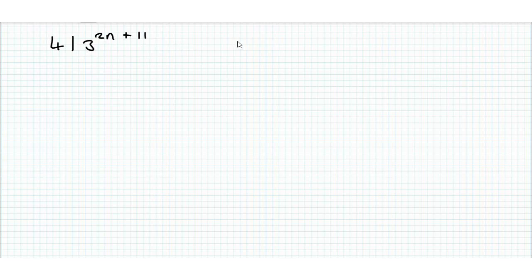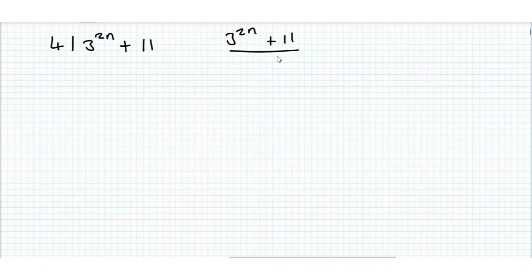And this notation, 4 divides 3^(2n) + 11, means that (3^(2n) + 11)/4 is equal to some n, well, in this case in the natural numbers, that's the notation just means for some n in the integers.